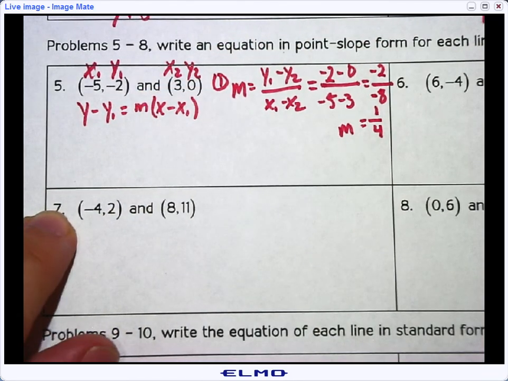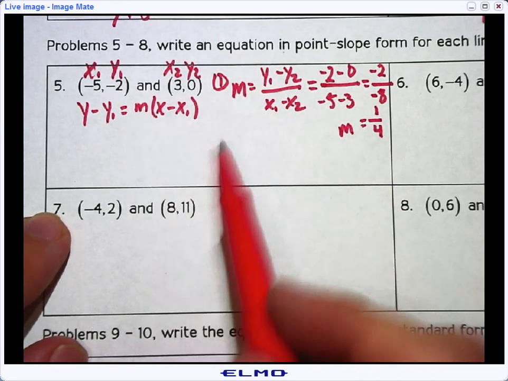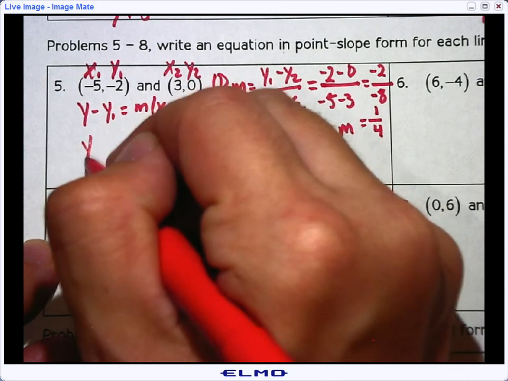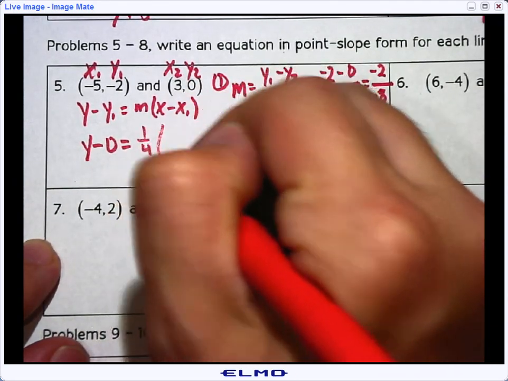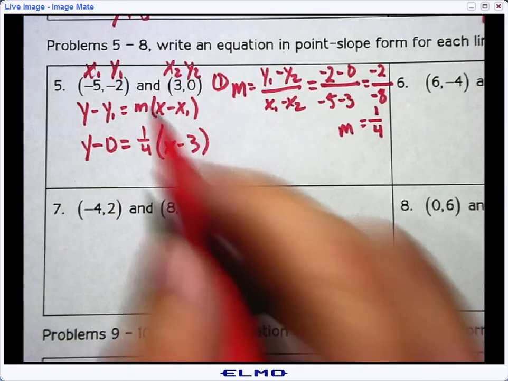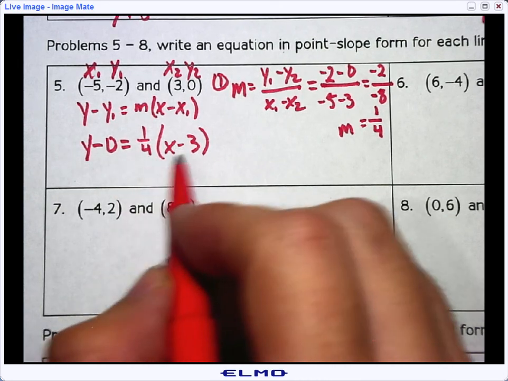So this is the point slope form. And so now it's just a matter of putting the right numbers in the right place. So if I'm using this point, I will have y minus 0 equals 1/4 times x minus 3. And that would be my answer. It's in point slope form.